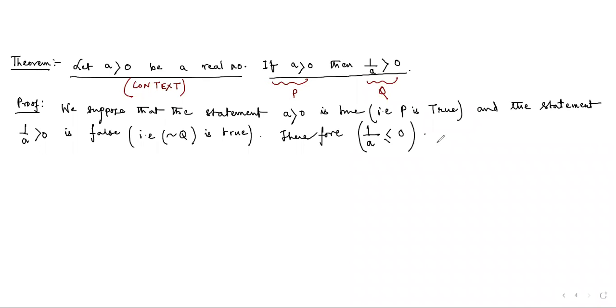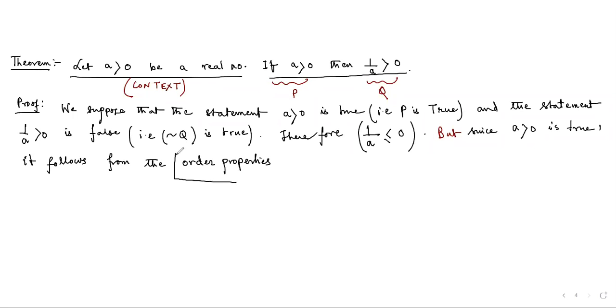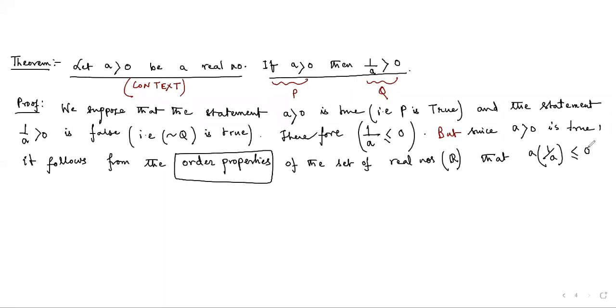So we have got this, but since A greater than 0 is true, it follows from the order properties of the set of real numbers that A into 1 by A is less than or equal to 0.